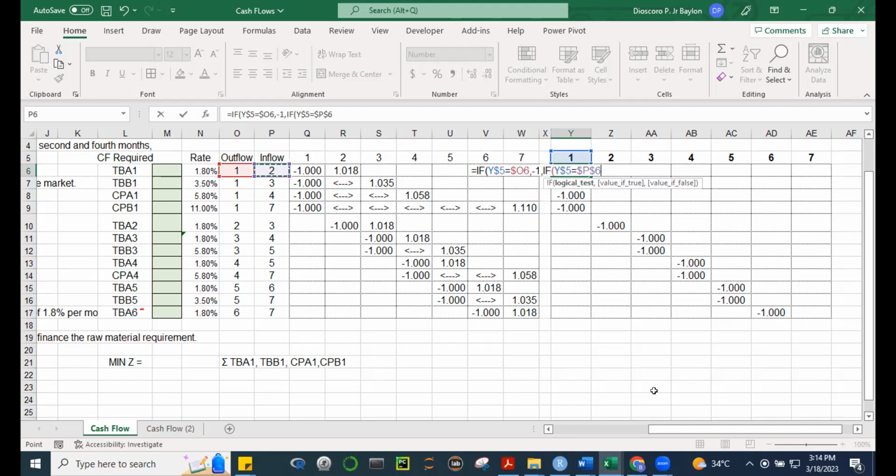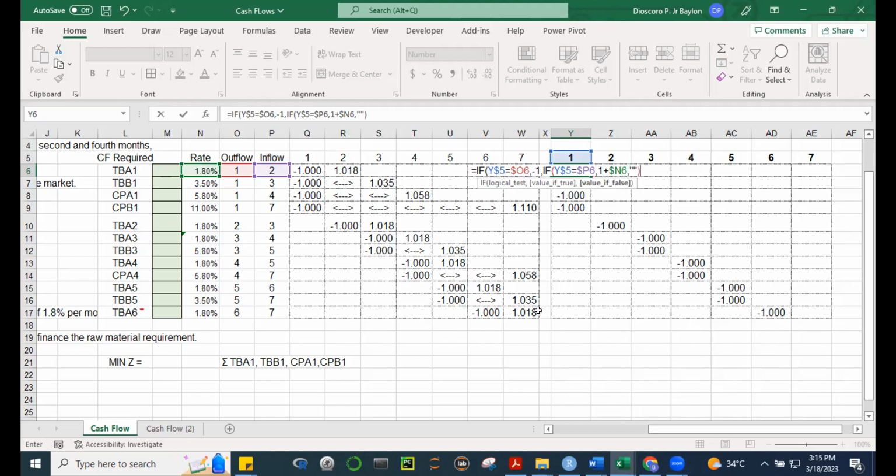And then we fix again column P. So $5 compared to $P6, if they're equal, then what value should we give it? It will be 1 plus the rate. This is the rate. Okay, 1 plus whatever that rate is. And that rate should also be fixed. It should only move along this column. Okay, so I'm going to fix there column N.